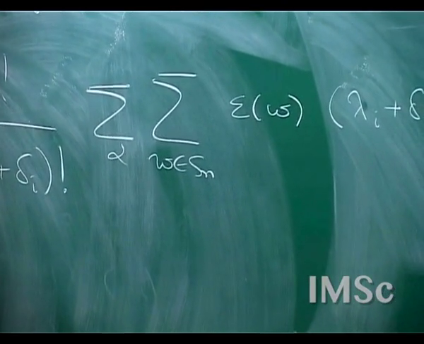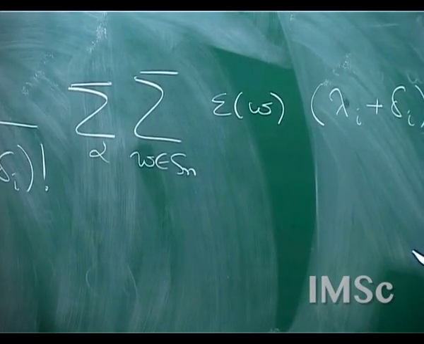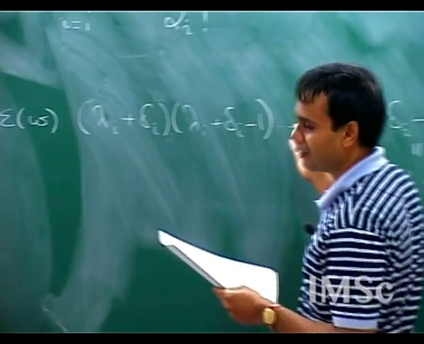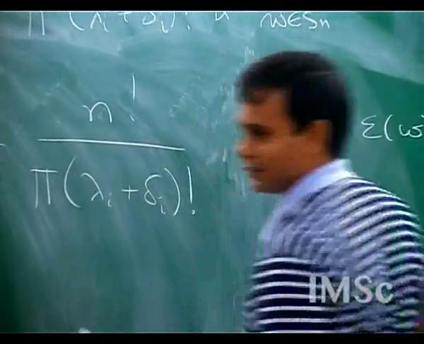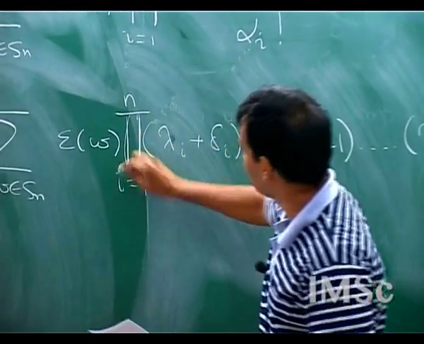So in fact I have eliminated the alpha i's here, and I can just remove this. There's a product over i's here which I had forgotten to write earlier.